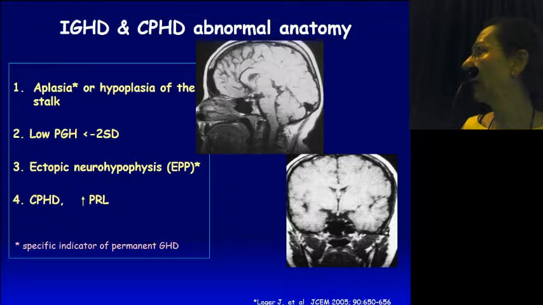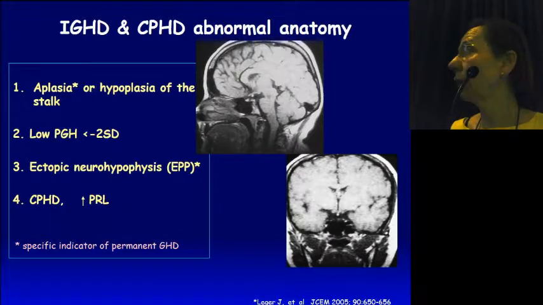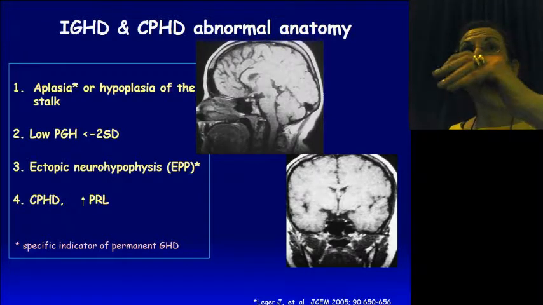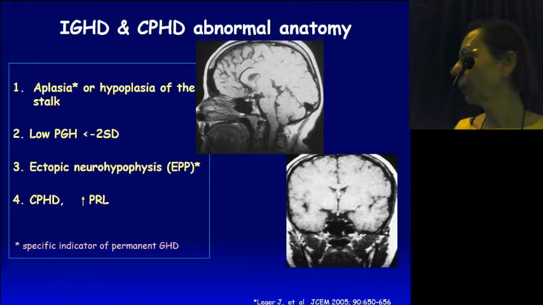Here, at the level of the hypothalamus, you see this dot. So these children are suffering mainly from combined adenohypophyseal deficiency, severe growth hormone deficiency, and they have a high prolactin because there is lack of pituitary stalk.